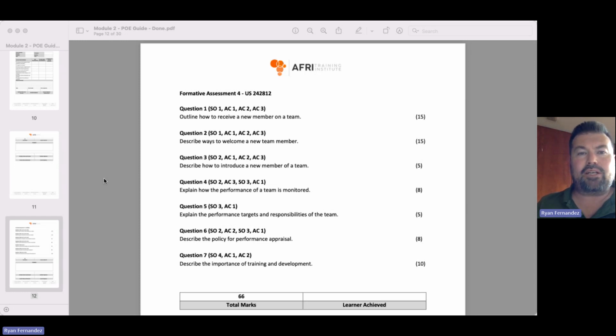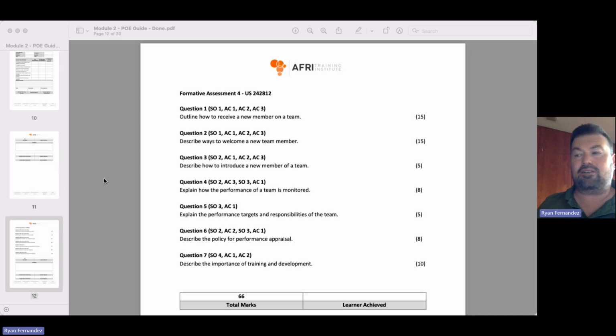Okay, so question number 1, outline how to receive a new member on a team. Page number 4 and 5, or section 1.1 in your learner guide, is going to give you the whole outline. Again, it's going to be quite generic. So things like introduce them, find out their skills, team them up with someone, give them all the information they need.